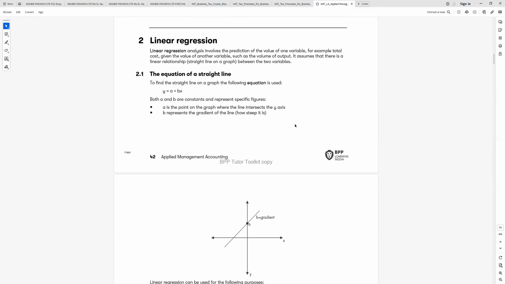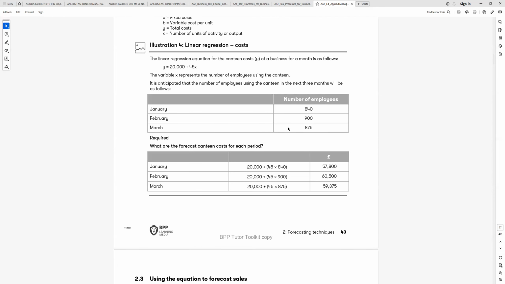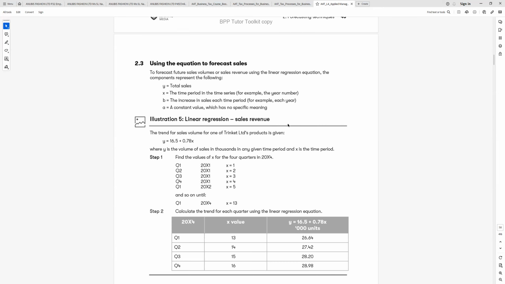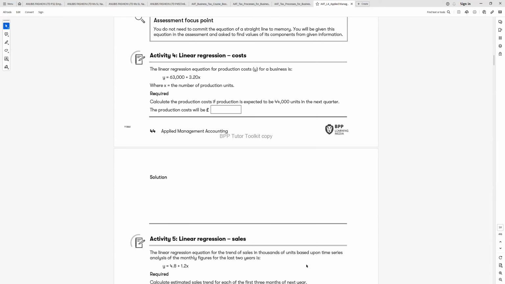All right, we have linear regression, y = a + bx. Let's do one example to understand it better. Activity 4, linear regression, the cost. It says the linear regression equation for a production cost y for a business.